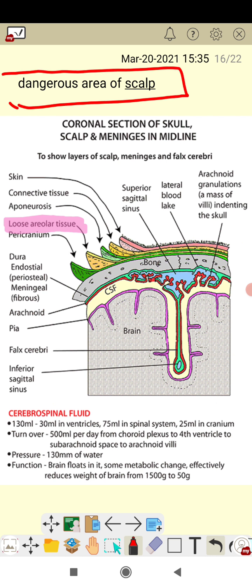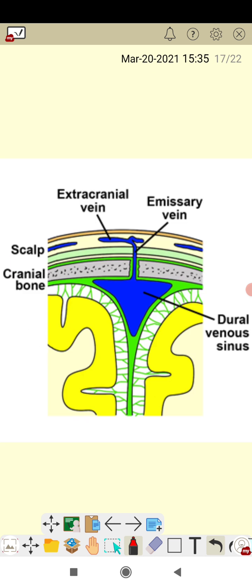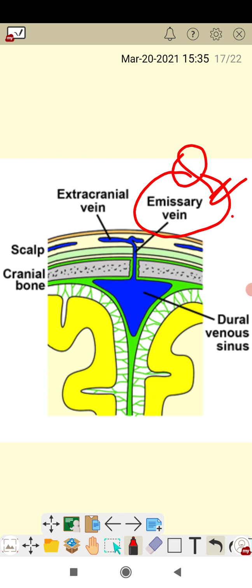Now, loose aponeurotic tissue is considered as dangerous area of scalp. Why is it considered as dangerous area of scalp? Because it contains emissary veins. These are the emissary veins, and these emissary veins are connected to dural venous sinuses. Now the question arises, what are emissary veins?